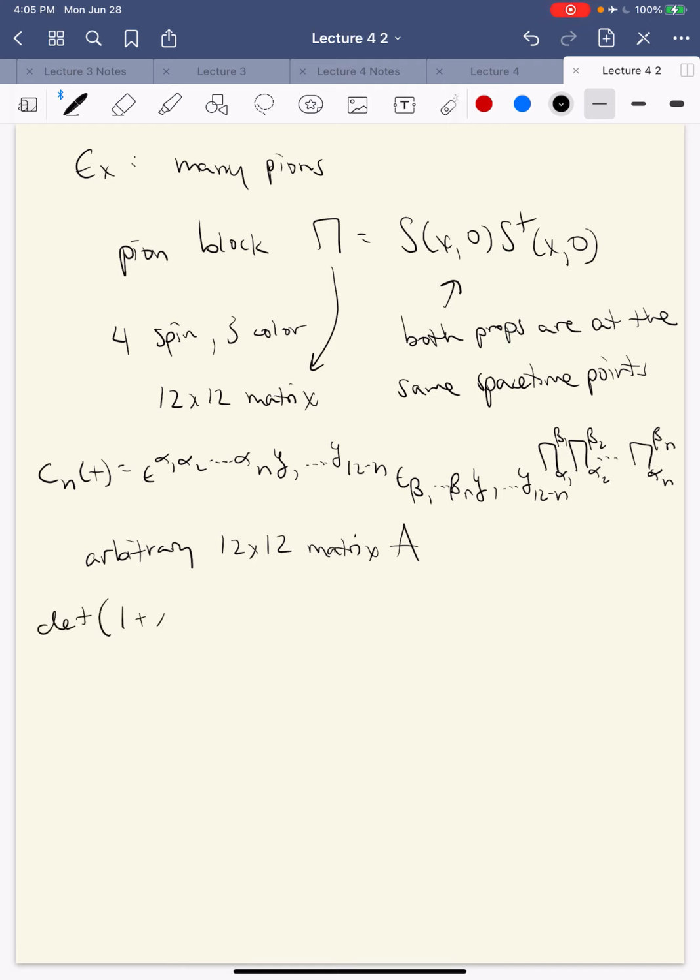I'm going to look at the determinant of 1, where 1 is the 12 by 12 identity, plus lambda A, where lambda is just some parameter. The reason I've done this is because I can expand this piece here, and it will give me all different powers of A. So let me just do it, and hopefully it'll become clear.